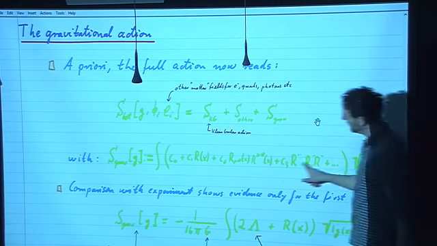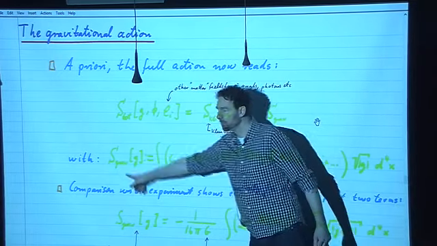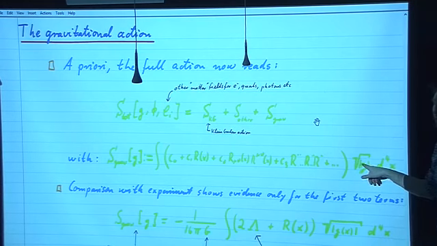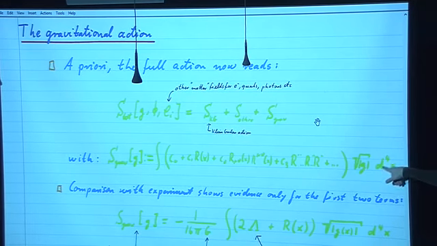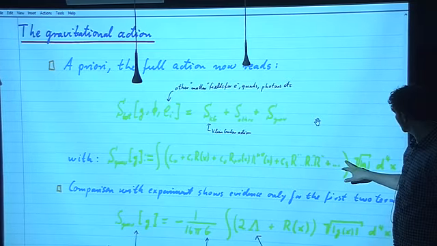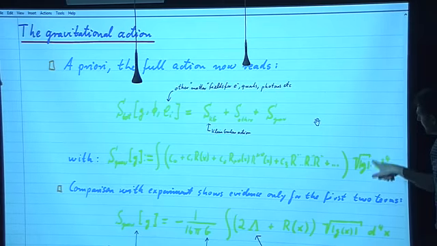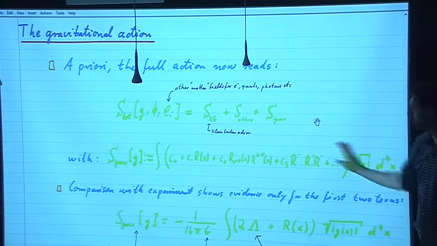Remember that even though you might put scalars in here, it doesn't mean that S is scalar, because you need this. Otherwise, when you change coordinates, the volume correction, the Jacobian, would not be compensated for. See, if you change coordinates, this number does not change. But the measure changes by a Jacobian factor, and this changes by the inverse of the Jacobian factor, so the whole thing is a scalar.